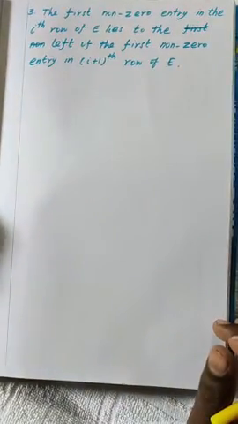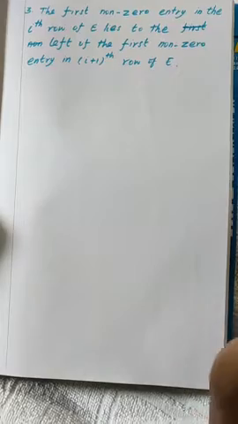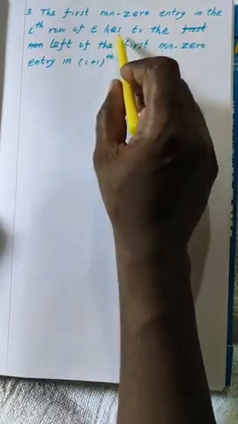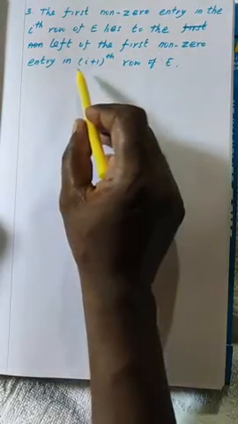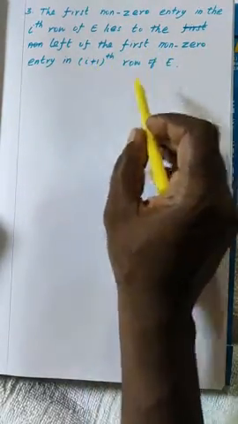The third one is the first non-zero entry in the ith row of E lies to the left of the first non-zero entry in the i plus 1th row of E.